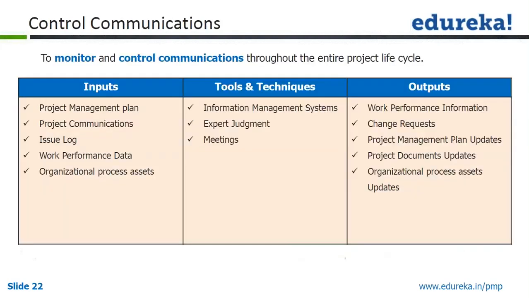Right. So control communication is to monitor and control communication throughout the entire project life cycle. What we are going to use to control communication: the project management plan, project communication, issue log, and work performance data. So we have the project management plan, essentially the communication management plan, and work performance data, where the project communication that happens becomes part of your work performance data.